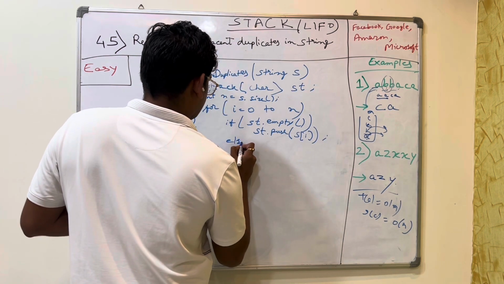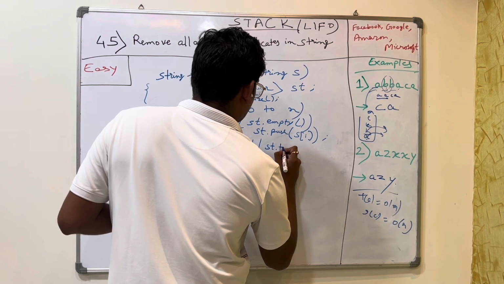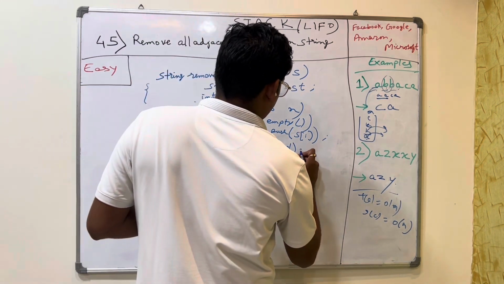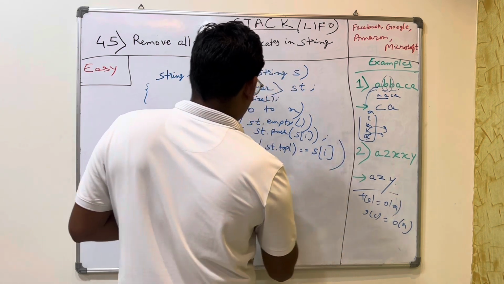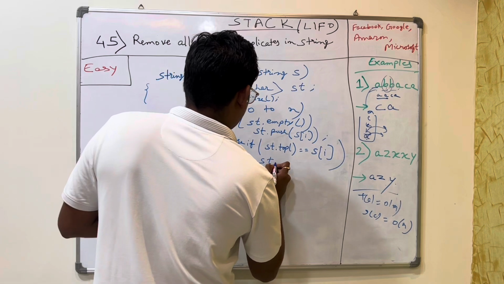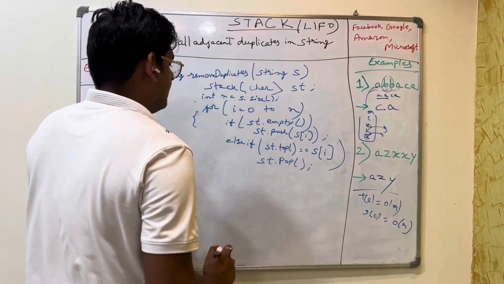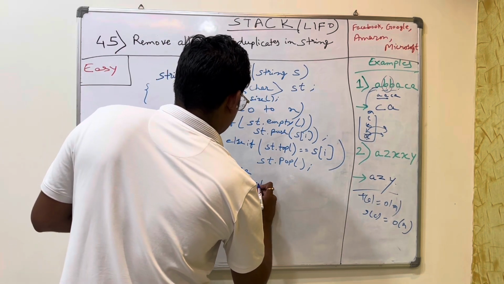Else if st dot top is equal to s[i], then what do we do? We pop it out. St dot pop the element. Else, what do we do? We push the element to the stack.